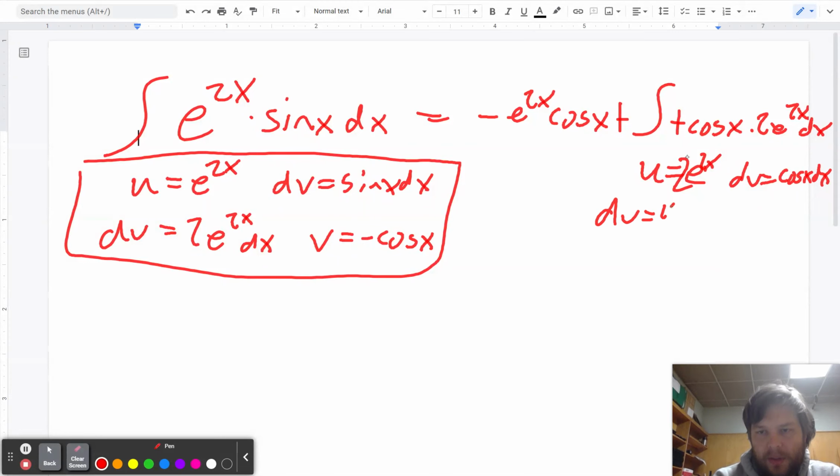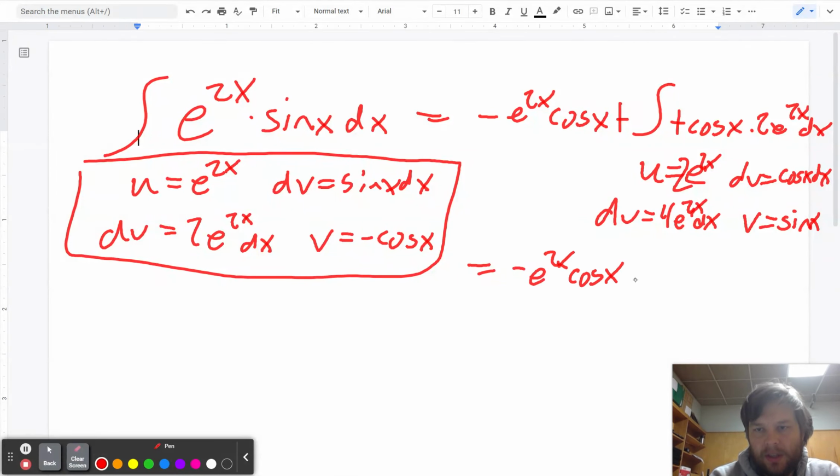So du is 4e to the 2x dx, and v is sine of x. So now we have e to the 2x cosine x plus u times v minus the integral of v du.